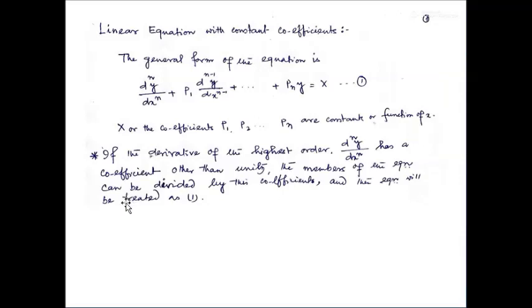If the derivative of the highest order has a coefficient other than unity, then both sides of the equation can be divided by this coefficient and the equation will be treated as this one.